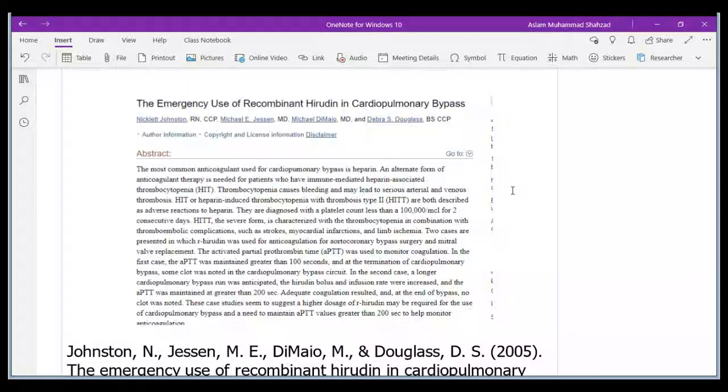They mention that for the alternative form, especially for cardiopulmonary bypass, if the patient has issues with heparin due to allergy, due to sensitivity, or due to immune-mediated heparin-associated thrombocytopenia, we can give this drug. So you can read this article in detail. It is quite an interesting article that I share with you.